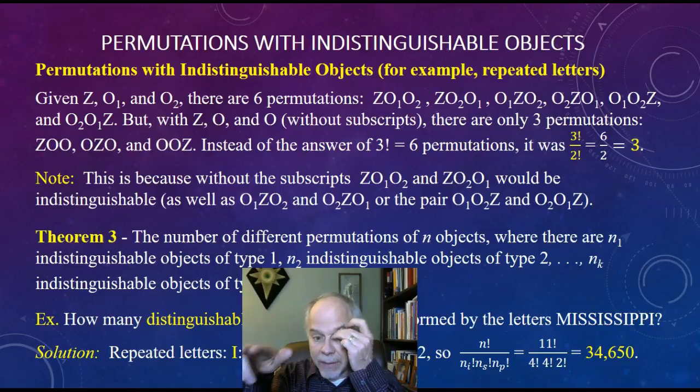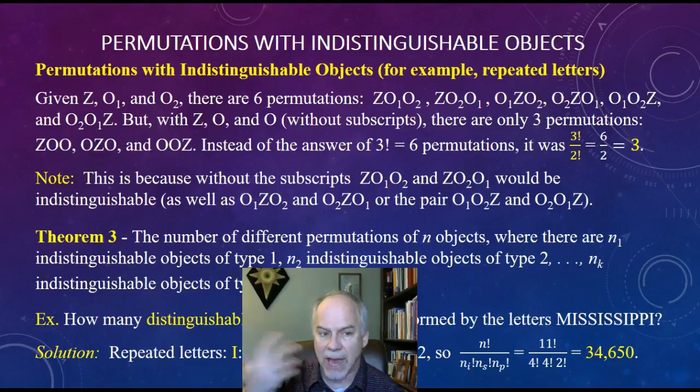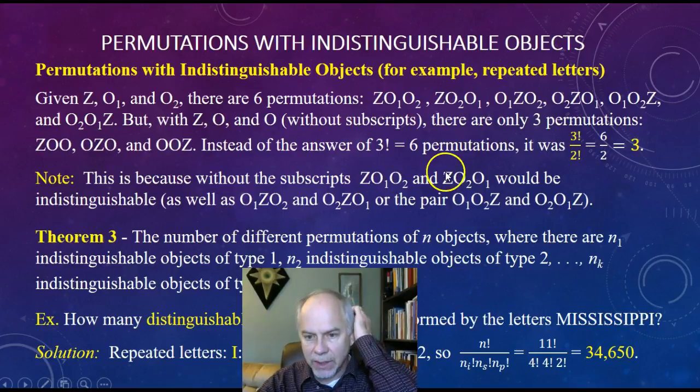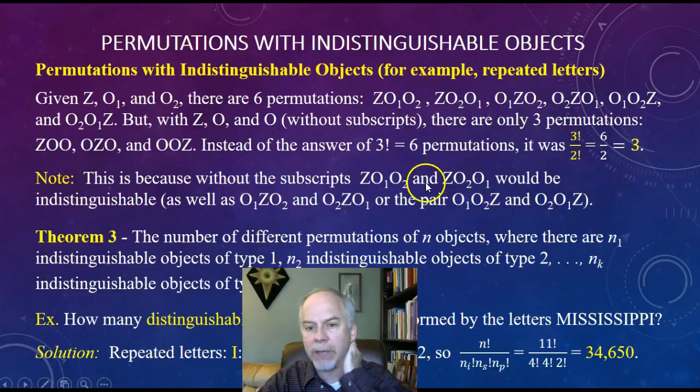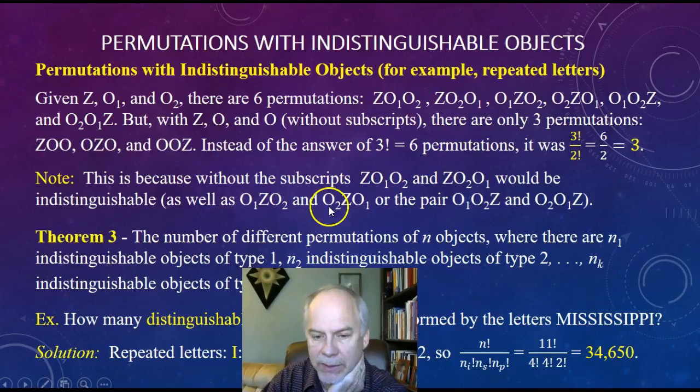So we had to divide by 2, so there is half as many possible arrangements when you can't distinguish between them. And I've mentioned here, these two, Z O1 O2 and Z O2 O1, would be indistinguishable, as well as these others mentioned in the parentheses.